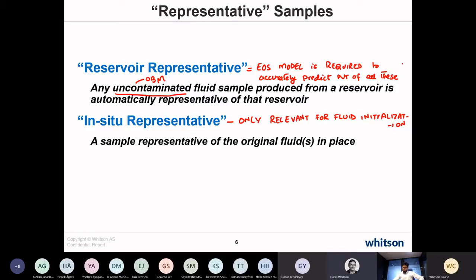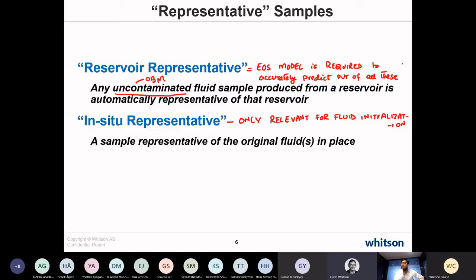oil-based mud components, we just remove them, and we make the calculations of those samples decontaminated to predict not laboratory measurements, but to predict the PVT behavior of uncontaminated reservoir samples, be it reservoir representative or in situ representative.